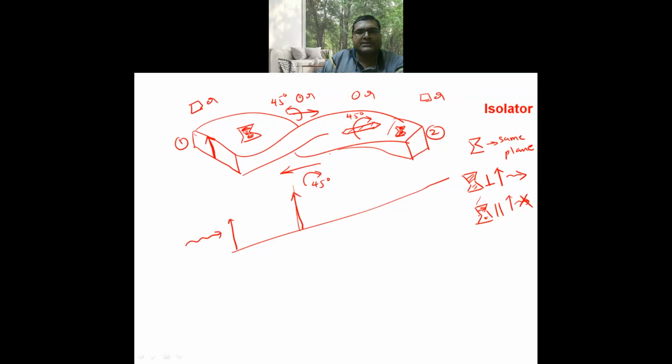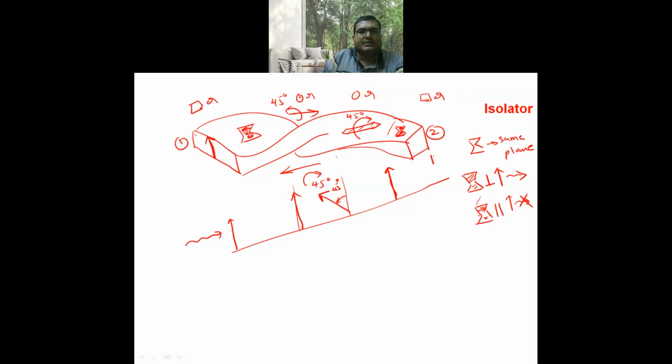And after crossing the twist, the circular waveguide twist offers 45 degrees rotation in anti-clockwise direction, and after passing through the ferrite rod, which offers rotation in clockwise direction, the polarization is rotated back to its original position, and this polarization is perpendicular to the plane of resistive card.